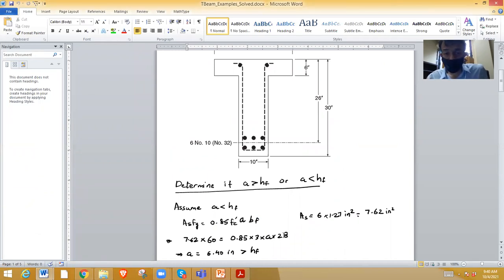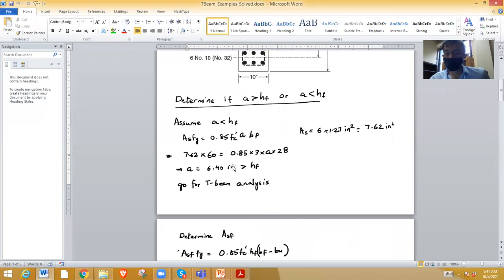So now you solve for your A, it comes to 6.4 inch. So that means we cannot treat it as a rectangular beam. So we have to go for T-beam analysis, okay, go for T-beam analysis.